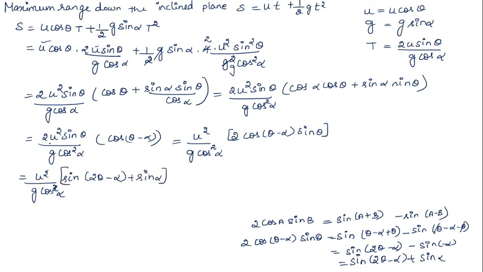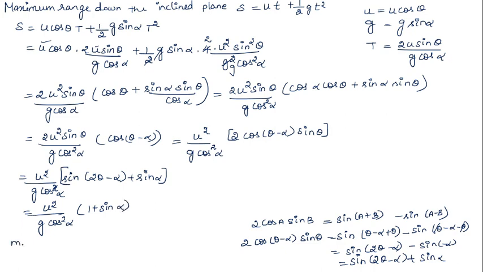Now this is the range we are finding. Now we are going to maximize this. This will be maximum only if sin of 2 theta minus alpha is maximum. Sin of 2 theta minus alpha is maximum only when 2 theta minus alpha is 90 degrees. So sin 90 degrees is 1, and we get u squared by g cos squared alpha into 1 plus sin alpha.